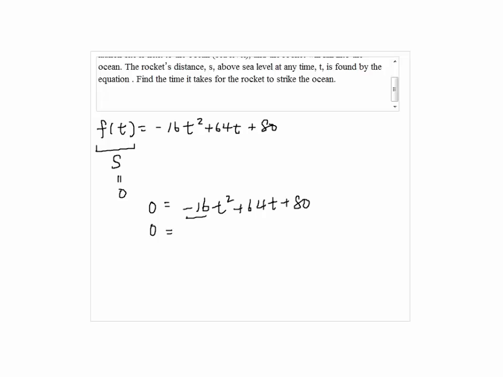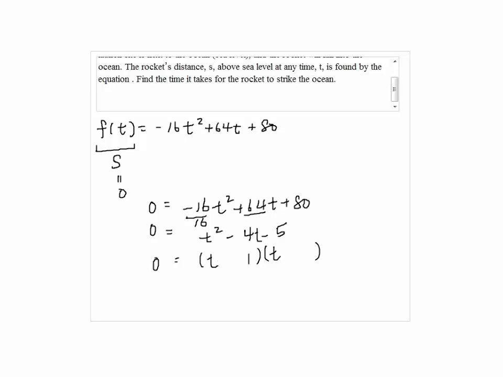So first, we're going to divide both sides by negative 16. So we have t squared minus 4t minus 5.